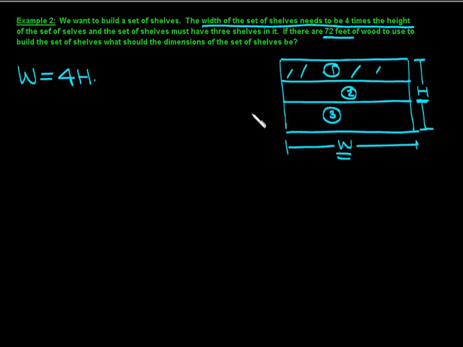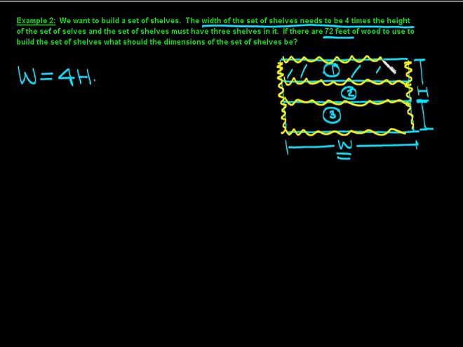If I have 72 feet of wood, I'm going to use that to make this side, this side. I'm also going to use that to make all these sides also. So whenever you talk about the outside of a geometric shape, a good way to represent that is by calling it the perimeter. So in this case, they've told us that the perimeter of this is going to be 72 feet. So this is what's given to us.